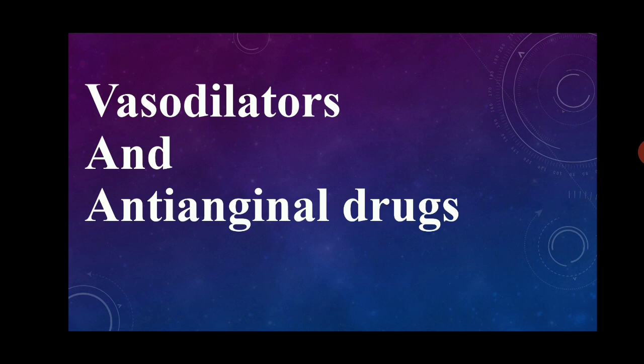It contains an introductory part, classification of anti-anginal drugs, mechanism of action of drugs, pharmacological action of drugs, adverse effects, therapeutic uses, and other effects of anti-anginal drugs. So these points are covered in today's topic.